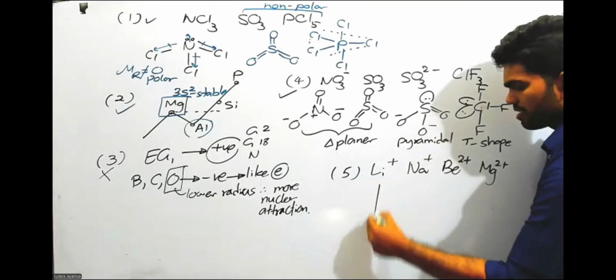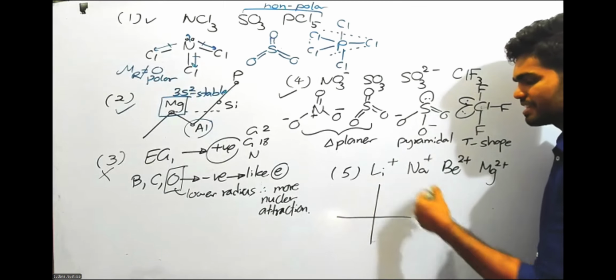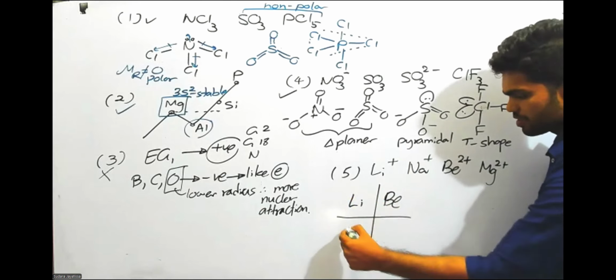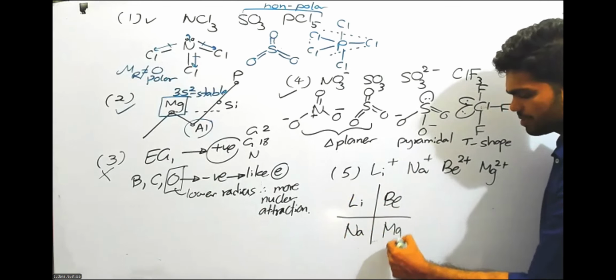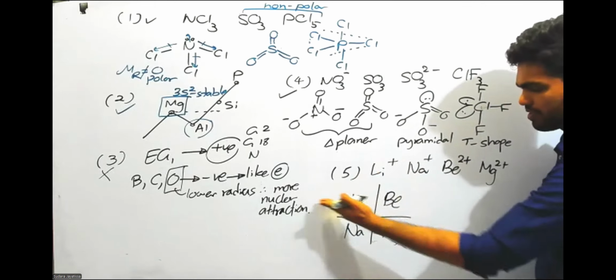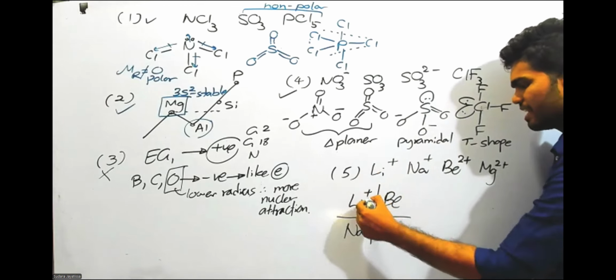Remember, we have these four ions you can find in the adjacent four boxes: lithium, beryllium, sodium, and magnesium. This is how they are arranged in the periodic table. Group 1, group 2, first, second period, then third period. Okay, and they are ions.